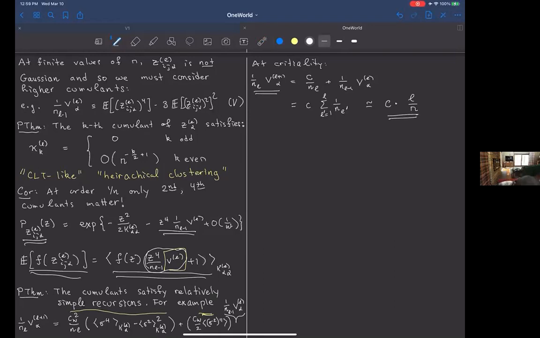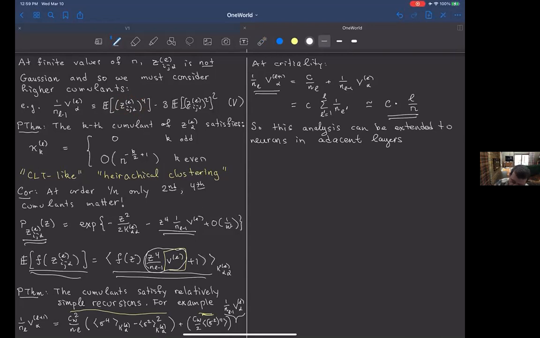So this analysis can be extended to neurons in adjacent layers. So far, I've mostly been talking about the distribution of neurons in a single layer.